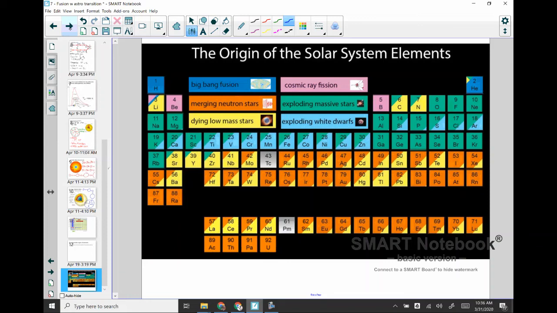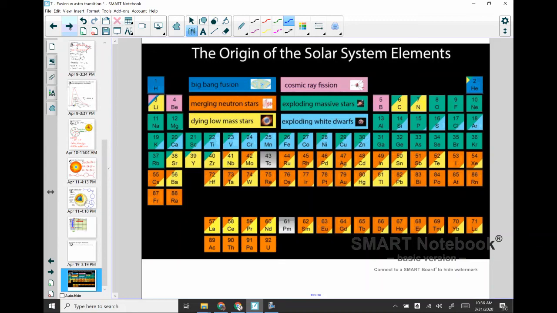So these come from fusion that happens when other events are happening. So when you have neutron stars merge, which is also one of the sources of gravitational waves, when you have these exploding stars, that energy being released is enough to cause fusion to happen on a larger scale, to go beyond iron, because at that point it doesn't matter if it's taking in energy, it's not self-destructive anymore.